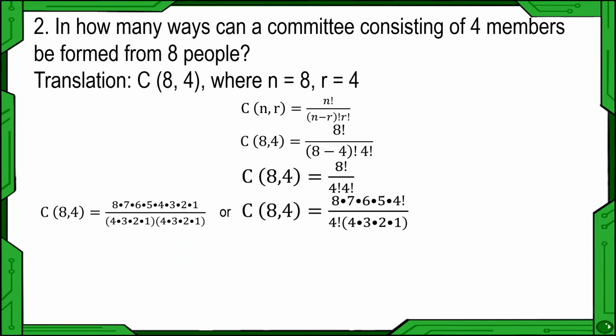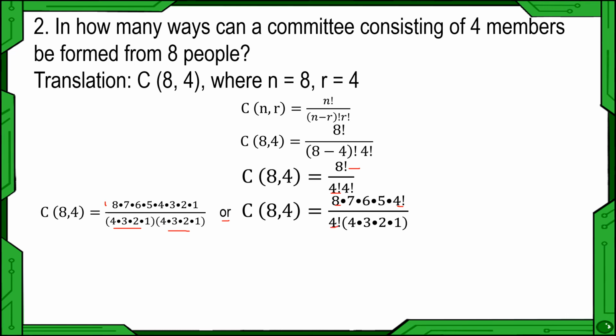Another way that we can do here is to simplify the numerator: 8 times 7 times 6 times 5 times 4 factorial. I ended at 4 factorial because it is the difference of 8 and 4. So 8 minus 4 is 4.